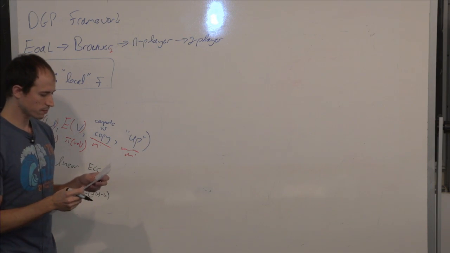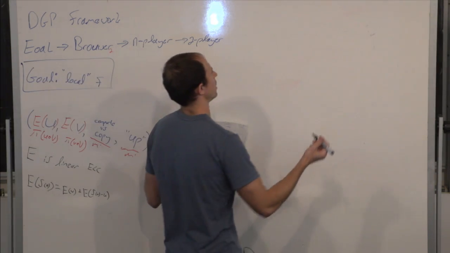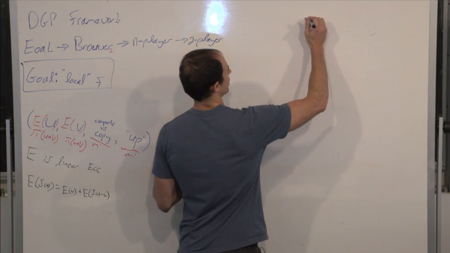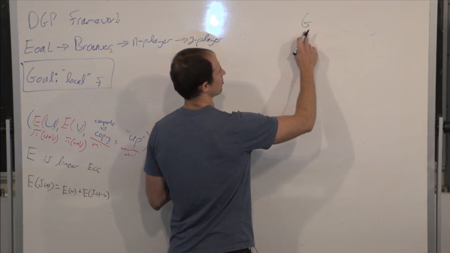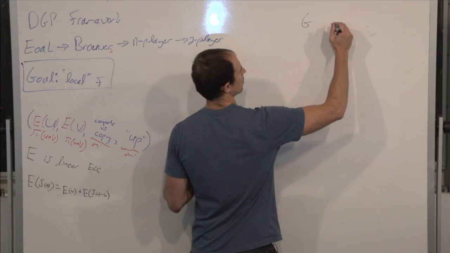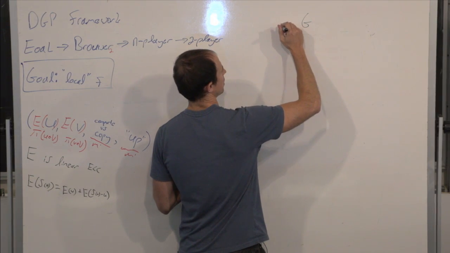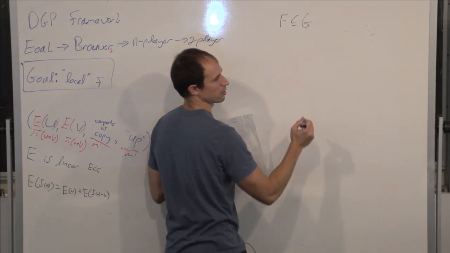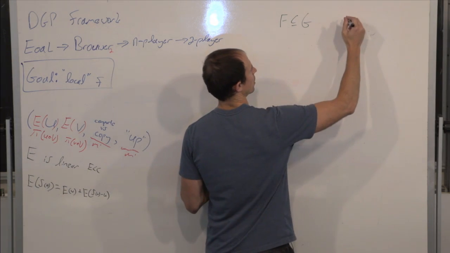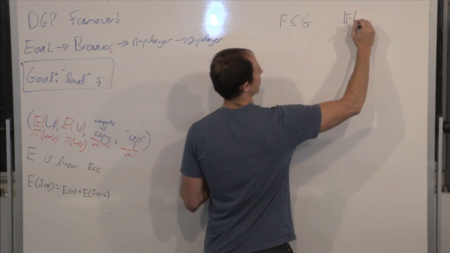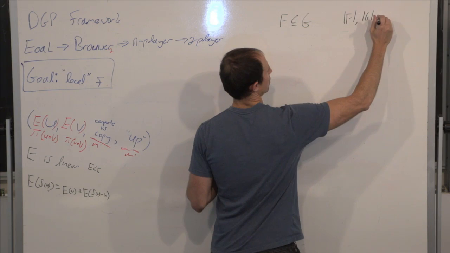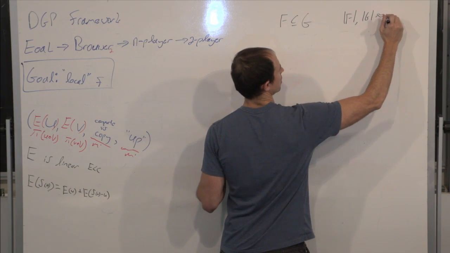So I need a finite field G, and I need a subset F in G, where F and G are of size approximately square root of n.